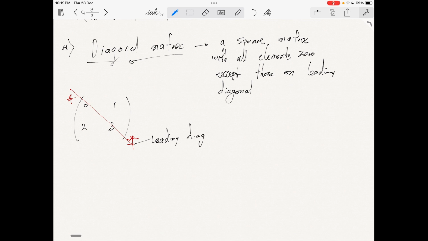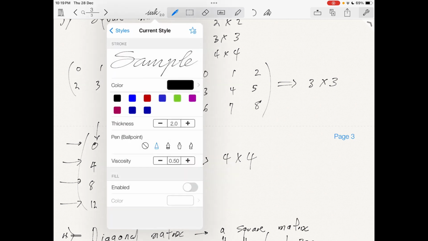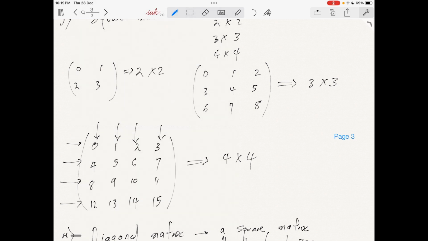Now if we also take a look at this 3 by 3 matrix, the leading diagonal starts from the top left corner to the bottom right corner, and everything intersecting that line. So we have 3 elements there. We have 0, we have 4, we have 5. Those are the elements on the leading diagonal.